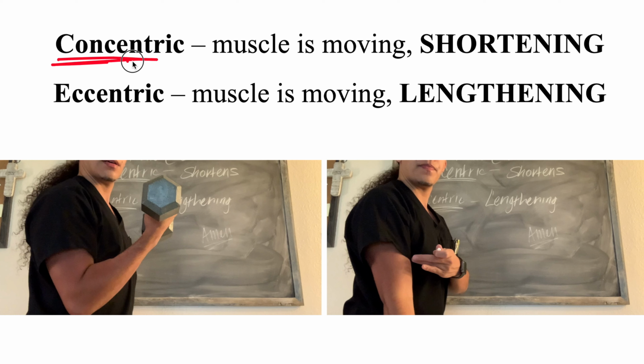We know that in a concentric contraction, the muscle is moving and it is shortening. So here at the elbow, when we are flexing, this is a concentric contraction because my biceps are shortening. Now when I extend at the elbow, bringing the arm in extension, my biceps are now lengthening. So this is an eccentric contraction.